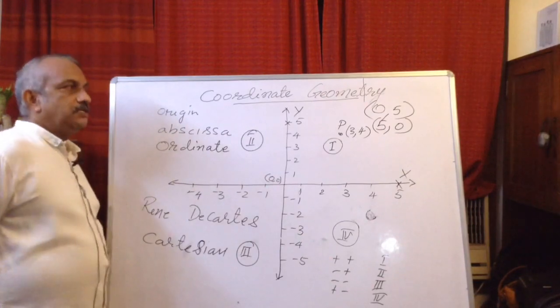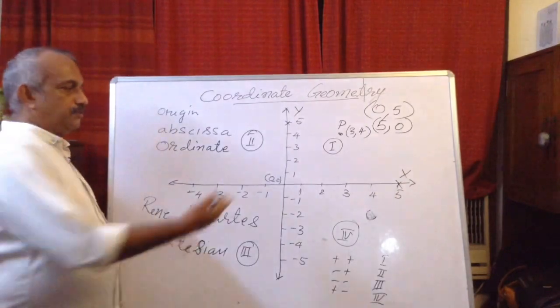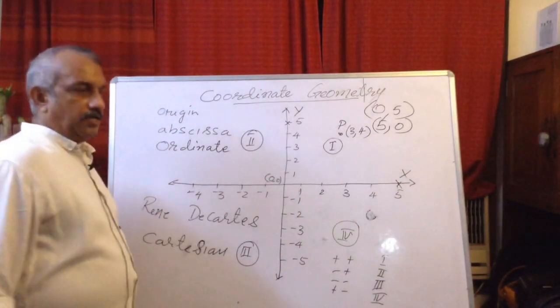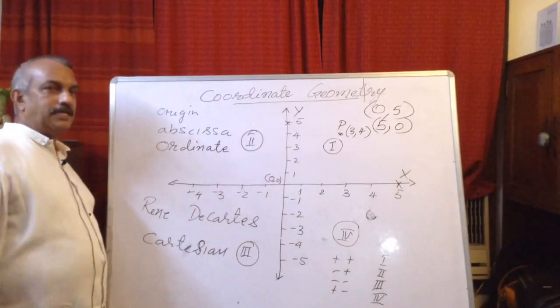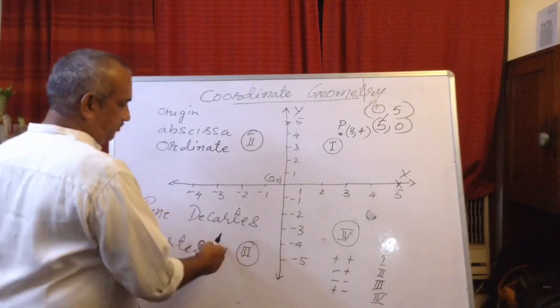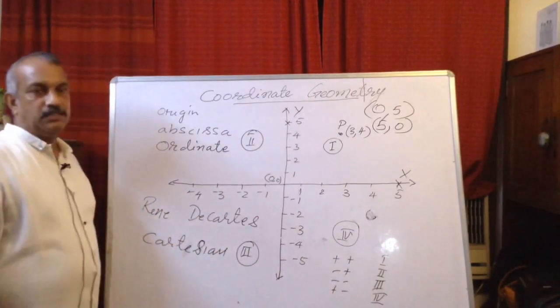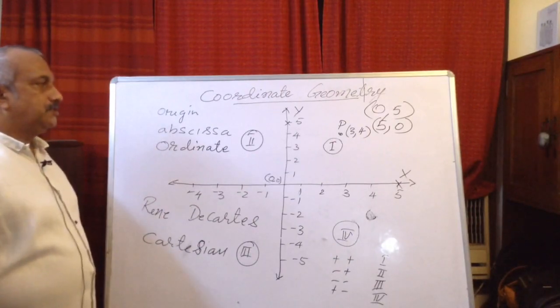So there will definitely be objective questions from this, like what is the coordinate of the origin, or say -3, -4, in which quadrant does it lie. Where is -3, -4? Both minus, third quadrant. Like that, a few questions can be there.